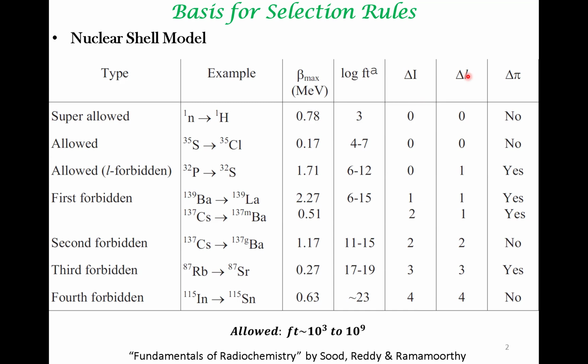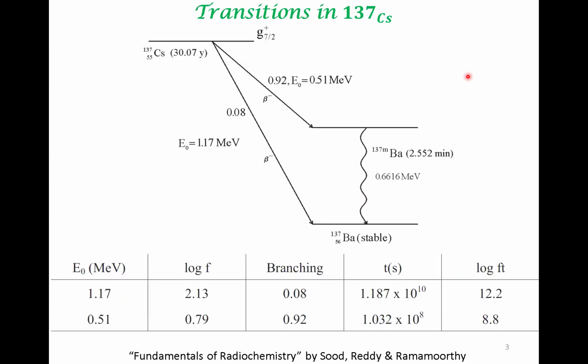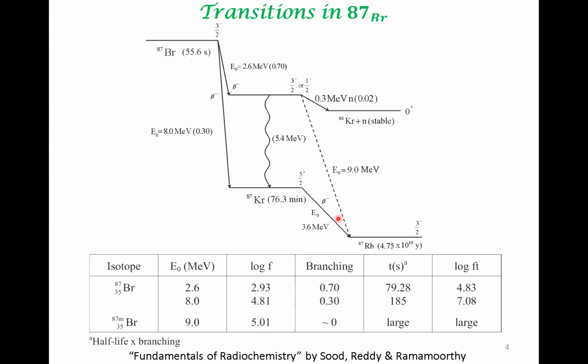Some things have to be conserved, and when something is not conserved, it becomes increasingly difficult to undertake such a transformation. So despite an energetic driving force, the kinetics is much slower, right?